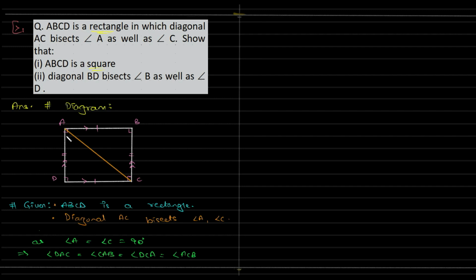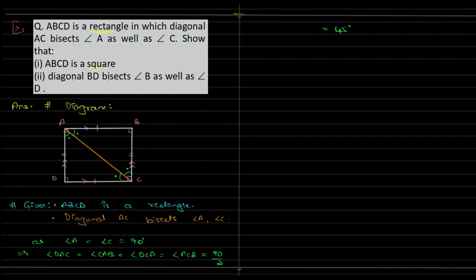So I'm talking about first, second, third and fourth. All of them are equal to 90 by 2 because it's bisected. So basically they are equal to 45 degrees. Okay. So it is important to understand that angles 1, 2, 3 and 4, all of these are 45 degrees.